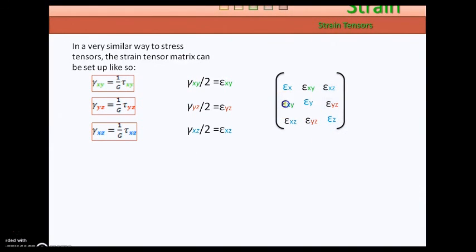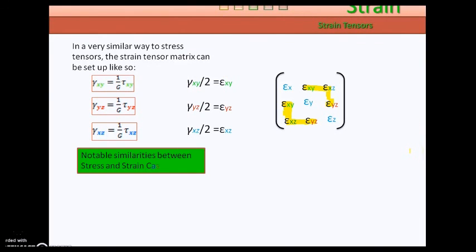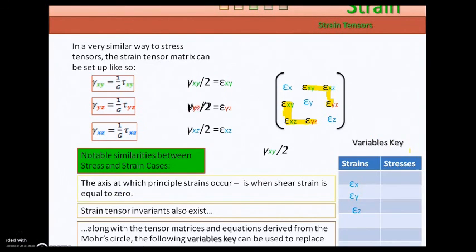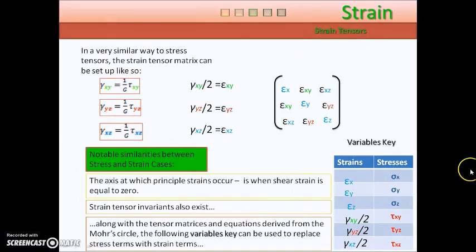So here are the shear strains, which I'm highlighting here. And the stress terms can be replaced by corresponding strain terms in equations and matrices, and the following variables key is useful for that matter.